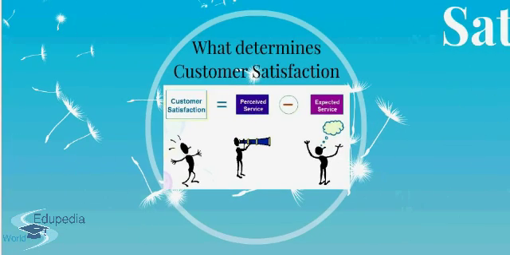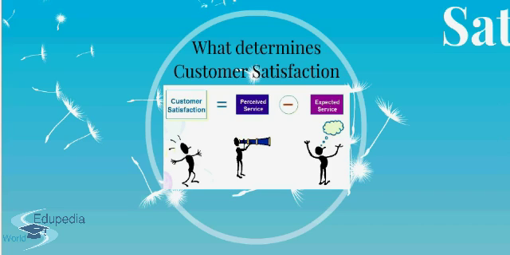So exactly what determines customer satisfaction? If you see, customer satisfaction is the difference between perceived service and expected service. It means whatever I was expecting and whatever I have got, my perception after receiving my service is not in tandem with the expected services.